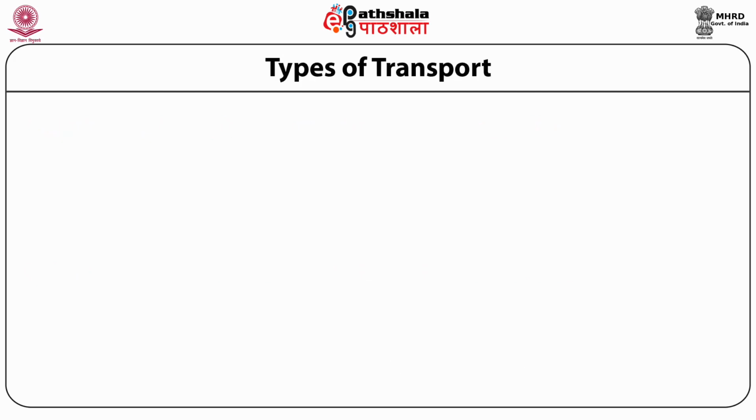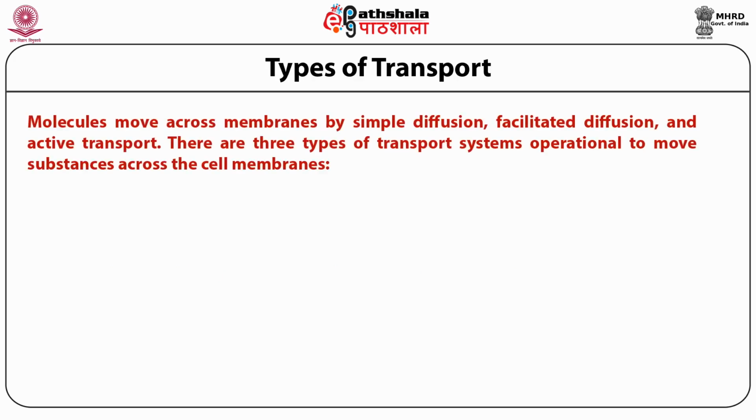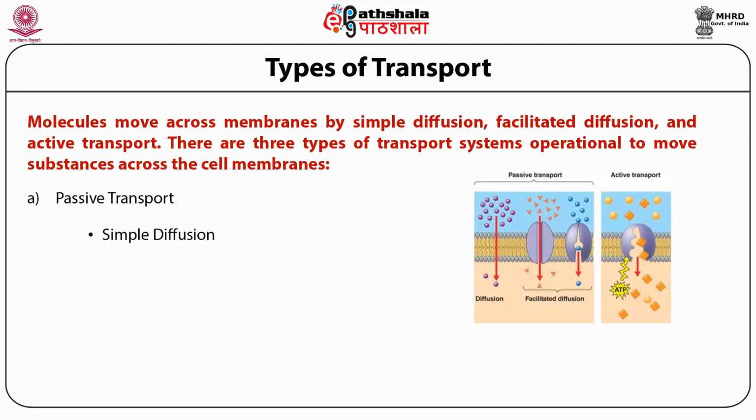Types of transport. As I told you before, it can be passive or active. Molecules move across membranes by simple diffusion, facilitated diffusion, and active transport. There are three types of transport systems operational to move substances across the cell membrane. Passive, that is simple diffusion, or facilitated diffusion, which is also known as facilitated transport, as you can see in the figure.